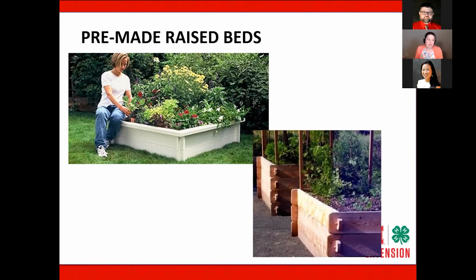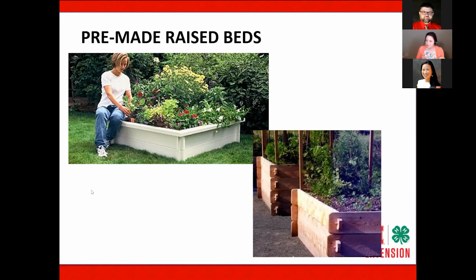And sometimes what happens with plastic is if it sits out in the sun for a while, it gets a little brittle. And in Nebraska, we have hail. So sometimes those plastic raised beds can succumb to hail damage as well. So those are some things to keep in mind when we're talking about those plastic raised bed kits.